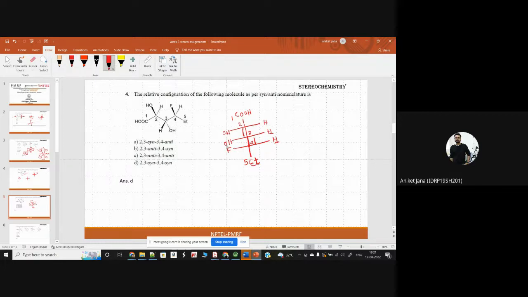And here also, on carbon 3, OH is of the highest priority, and on carbon 4, fluorine is of the higher priority. They are also in the same direction, right? That's right. So this bond is also syn. Okay, so this one is the right answer. Both are syn, right? Yes. Okay.